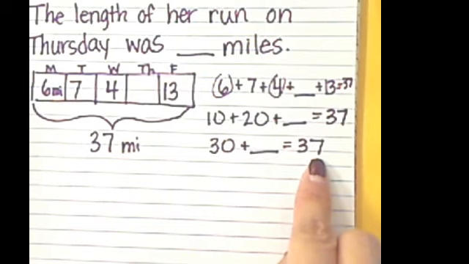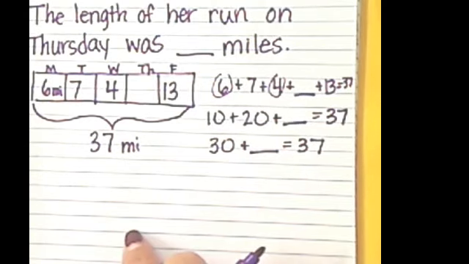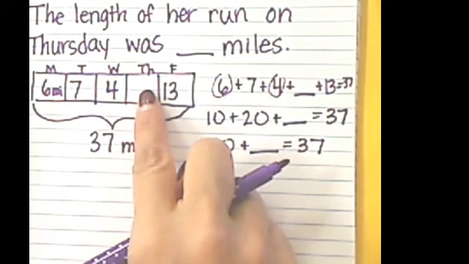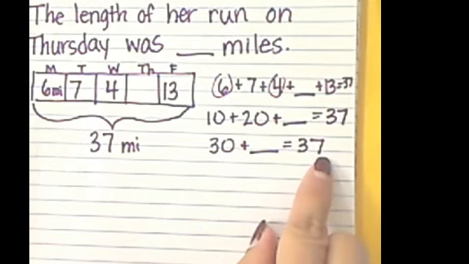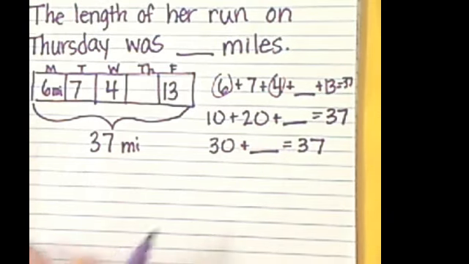So how am I going to figure out what this something is? That's Thursday, remember. Just like in the other problem, we can subtract to figure out this missing piece.